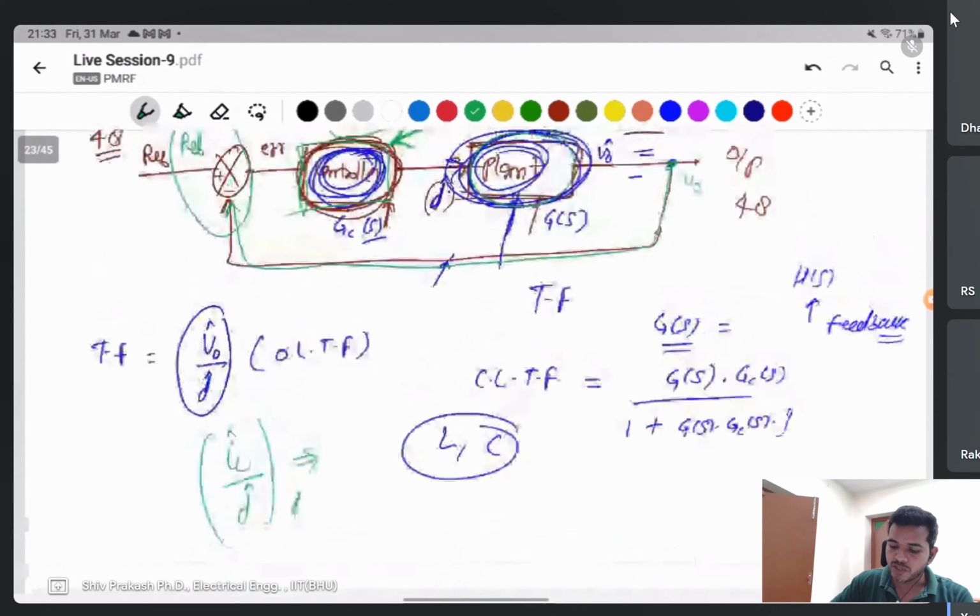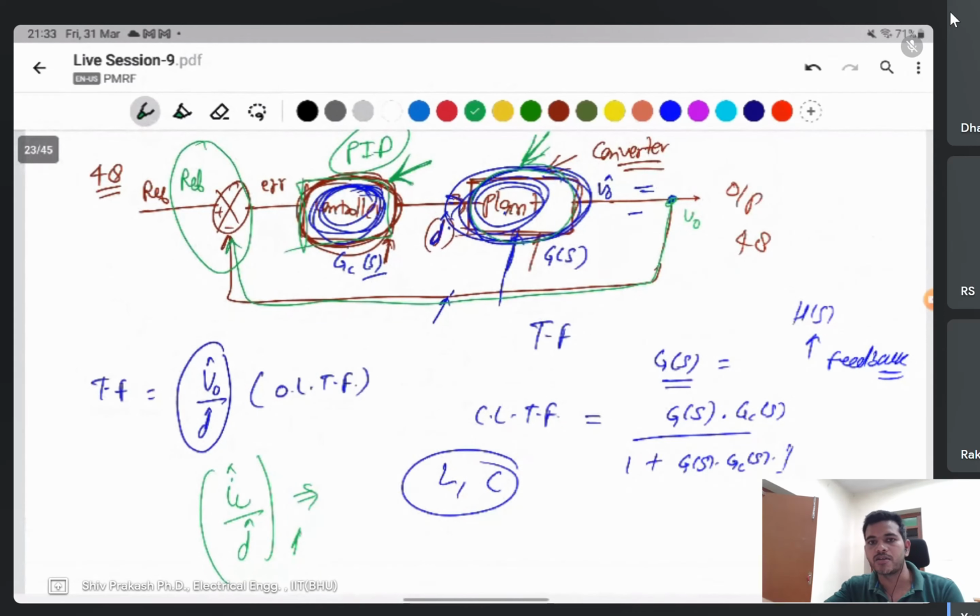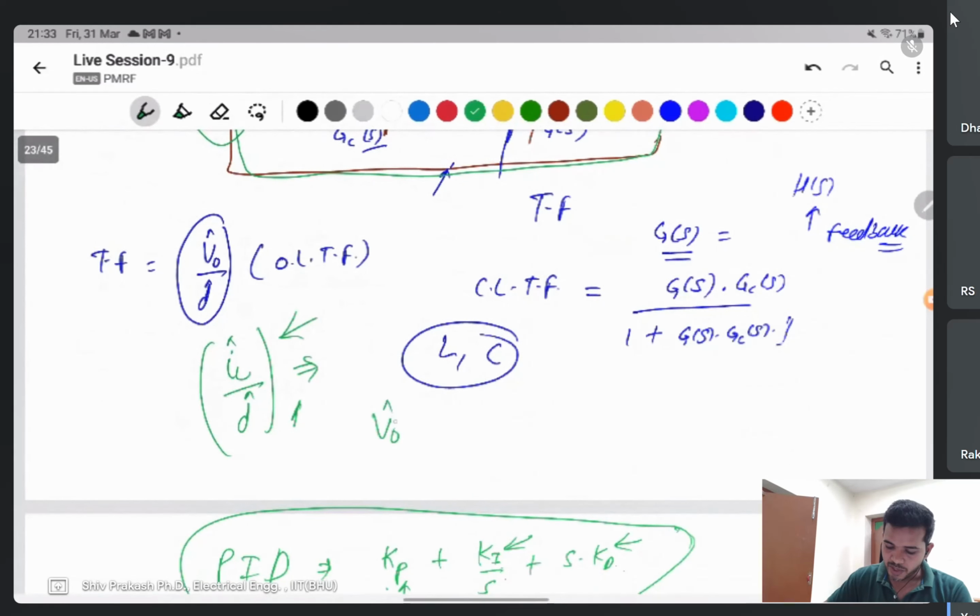And if you want to control both, it's like constant voltage and constant current. You know, to charge a battery you should have a constant voltage and constant current charging controller. Like that you want to make. Then take this transfer function for the inner loop. After that, Vout by D is taken as the outer loop.